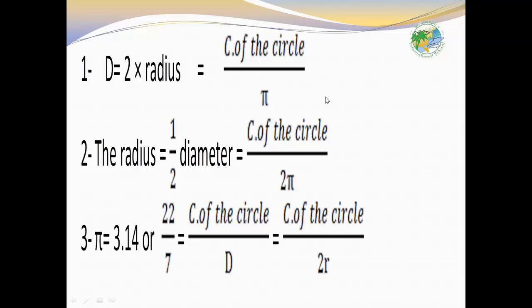If we have the circumference and want to find the radius, then the radius equals the circumference of the circle over 2 times pi. Remember, pi equals 3.14 or 22 over 7. Pi equals circumference of circle over diameter.